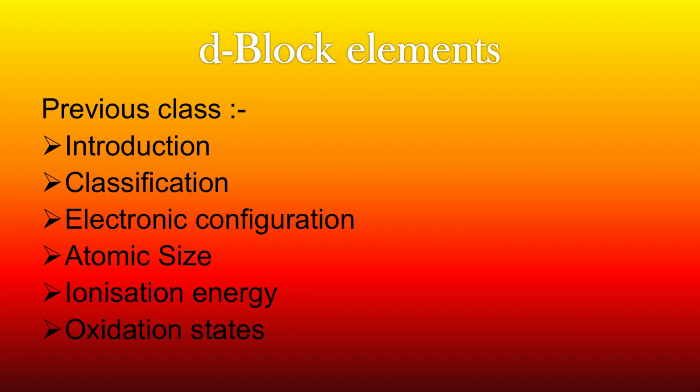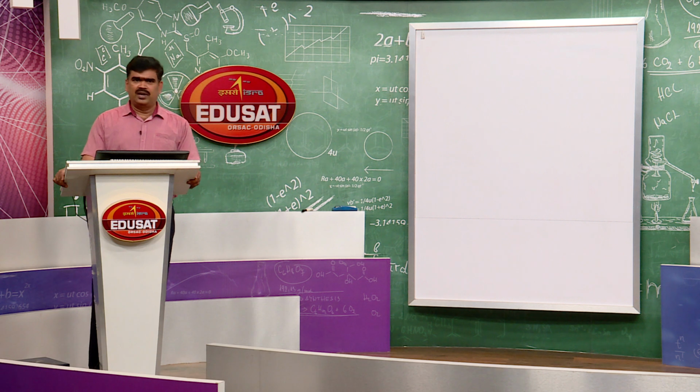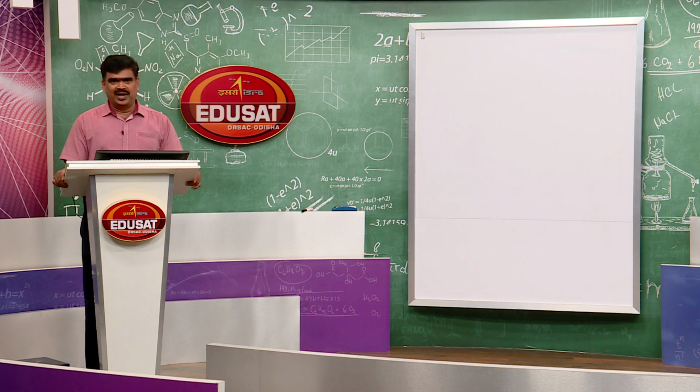We'll discuss in detail. Then we'll discuss electronic configuration and metallic character. Next is atomic size, ionization energy or ionization enthalpy, and the last one is oxidation states. There are many properties, but I will try to complete this topic in 2 classes.